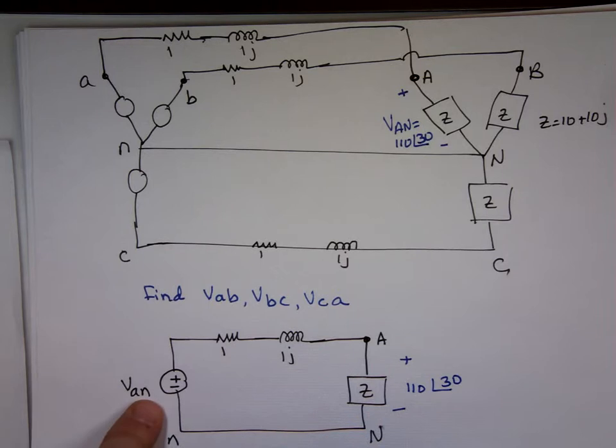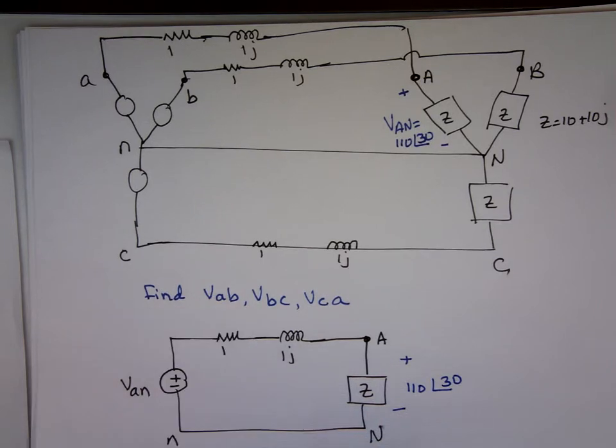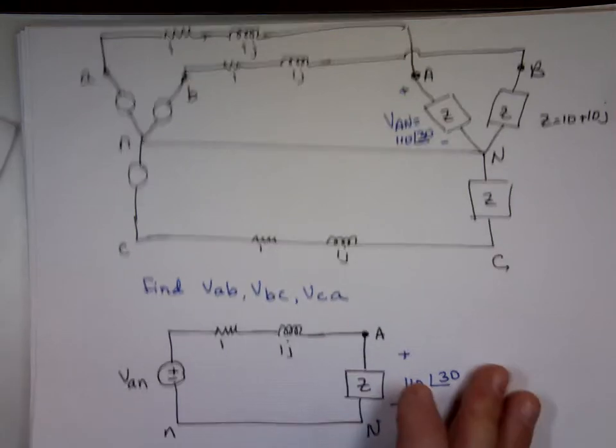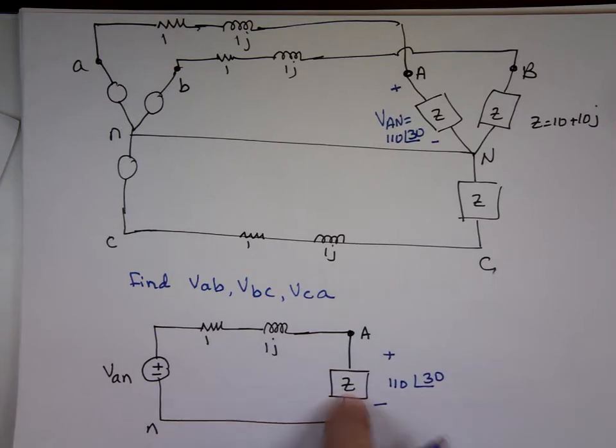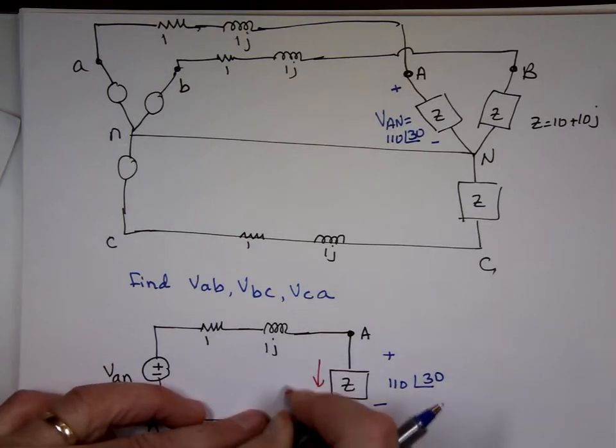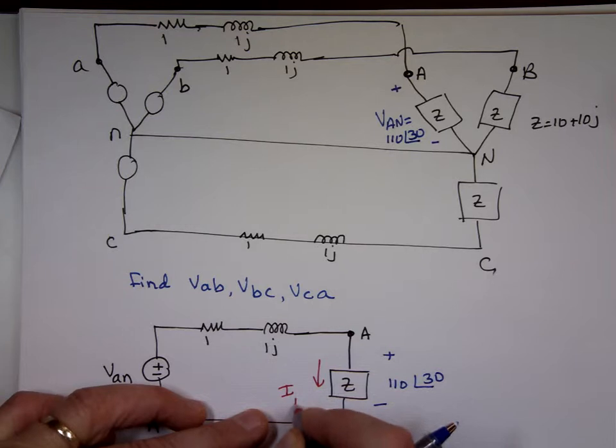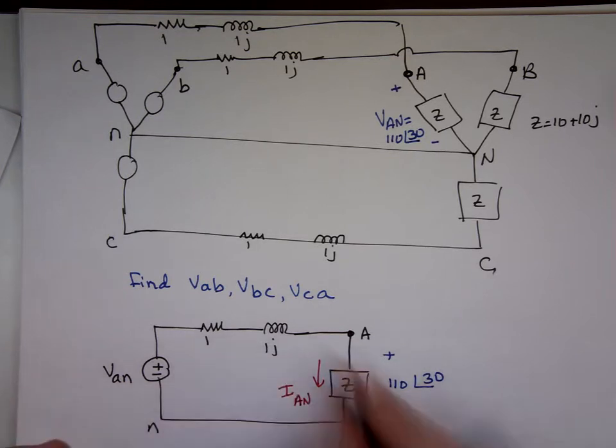So if I know what VAN is, I know what VAB. Well, how can I find VAN? To find VAN, if I know the current going through that, I know the voltage and I know the impedance Z, I can find this current, which is I sub AN, which happens to be the same current going through the whole thing. It's only one branch. That current is going to be the same.